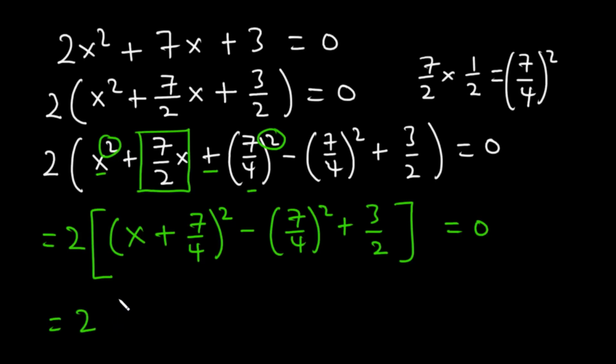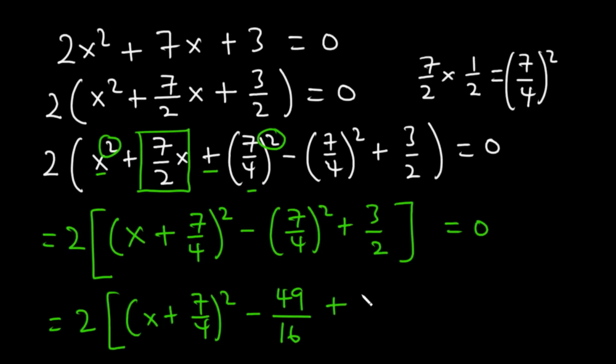So we have 2 into bracket (x + 7/4)² - 7 squared is 49, and then 4 squared is 16, plus 3/2 is equal to 0.